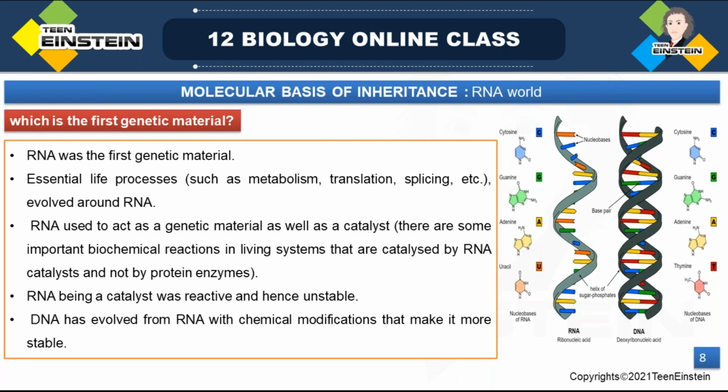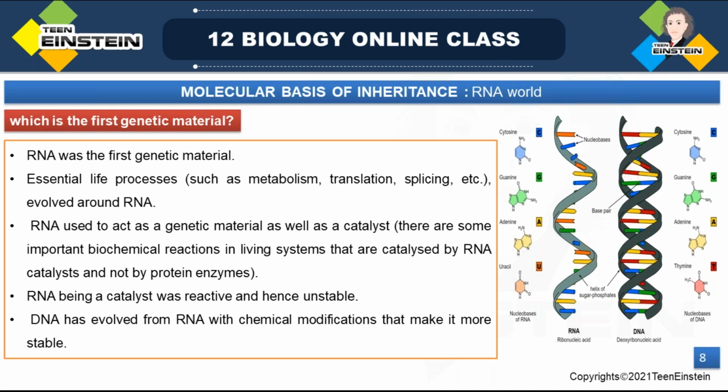The rate of reaction increases and the energy of reaction will be less, right? So substrate and enzyme reaction will be more, right? Processes like metabolism and protein synthesis are all related to RNA.